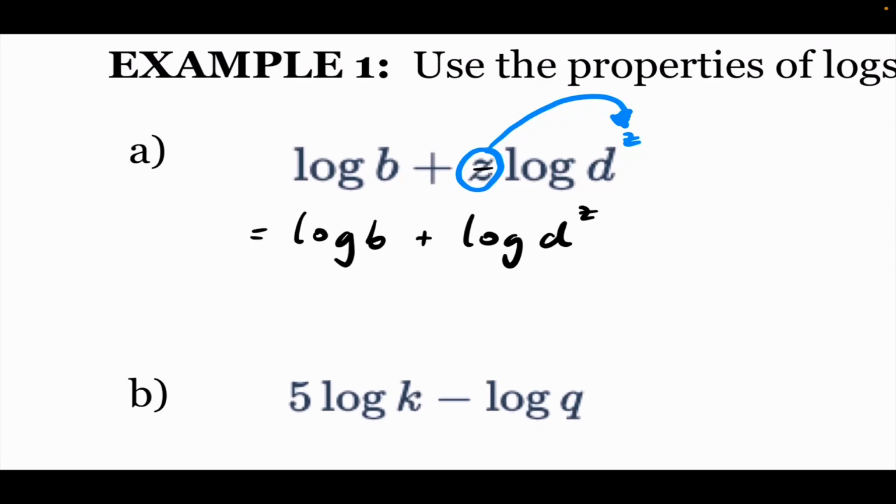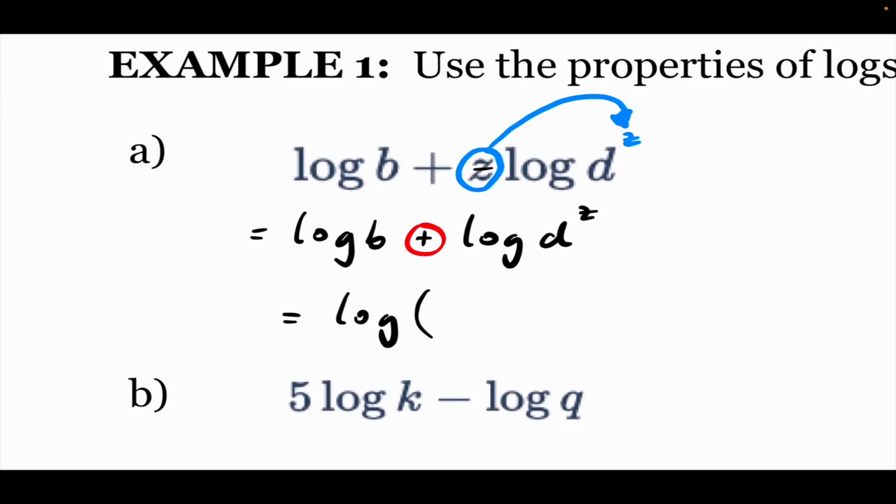Okay? Well, I have 2 logs. I have a log over here and a log over here. I want to condense them to make 1 log. Well, it has a plus in the middle. Product property says I can combine them using multiplication. That's what I'm going to do. So instead of 2 logs, I have 1 log.